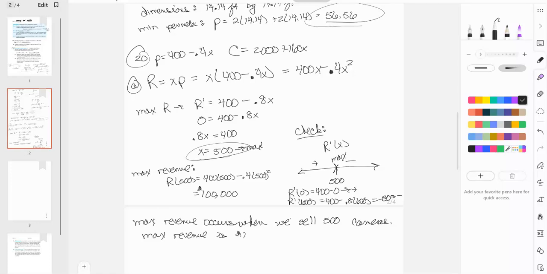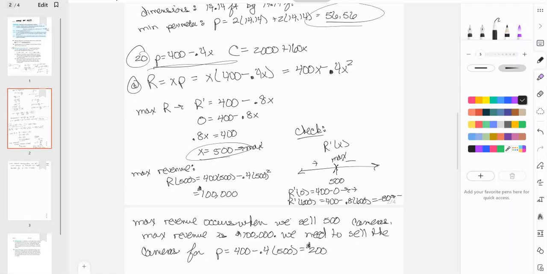Max revenue would be 100,000. And then we need to sell the cameras for some kind of price. Let's figure out what that price is, and that's what that price demand equation is for. So we're going to have 400 minus 0.4 times 500. This is going to tell us the price per camera. Or 200 per camera. So there's our sentence that ties everything together.